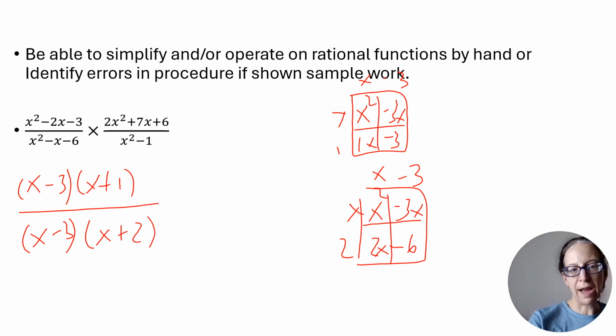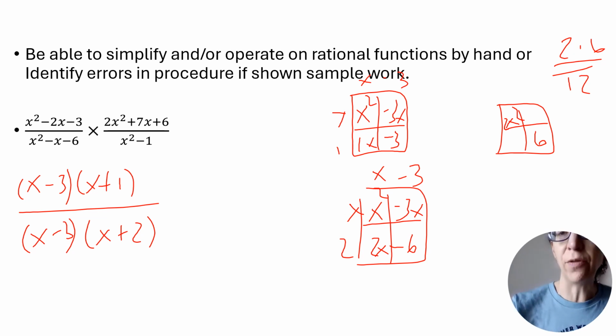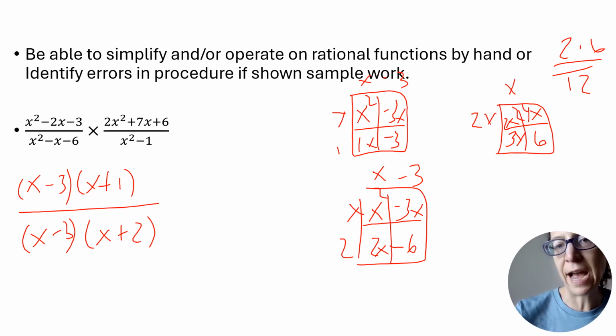And then we have this one, and this has got the 2x squared and the 6. We do have to do 2 times 6 is 12. We're looking for two factors of 12 that add up to 7, and those would be 4 and 3. The GCF between 2x squared and 4x is 2x, and that means that must be just the x.